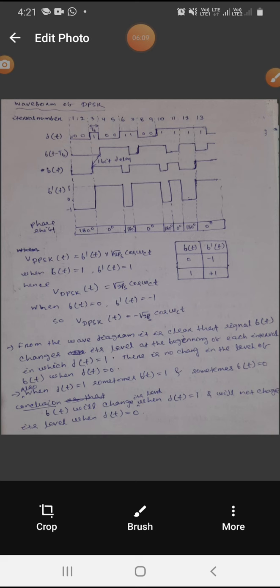Similarly, when Bt is 0, we know that B dash t is minus 1, so we can write VDPSK of t as root over 2Ps into cos omega ct.